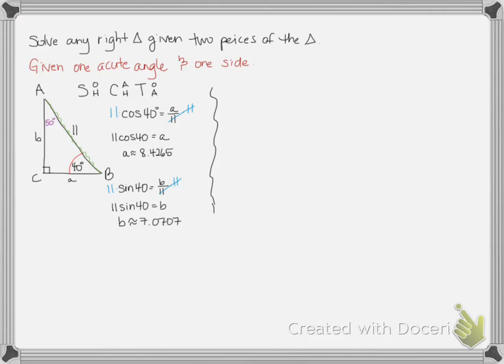So let's say that I give you this triangle. What is similar about it to the other one? About the given information, what's similar? It gives you a side and it gives you an angle.